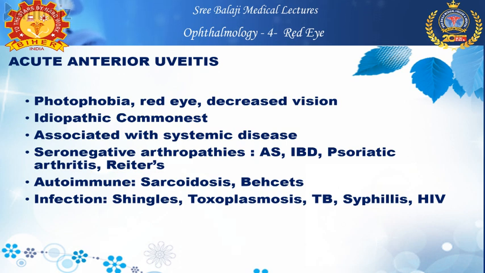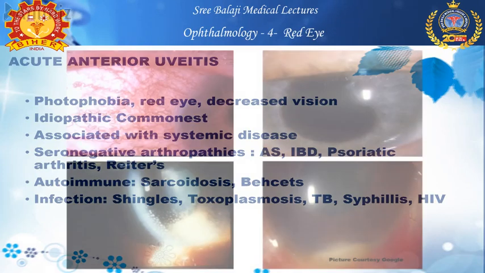Commonly, it is associated with seronegative arthropathies like ankylosing spondylitis, inflammatory bowel disease, psoriatic arthritis, and Reiter's disease. It can also be associated with autoimmune conditions like sarcoidosis and Behçet's, and also infections like tuberculosis, toxoplasmosis, syphilis, HIV, and shingles.